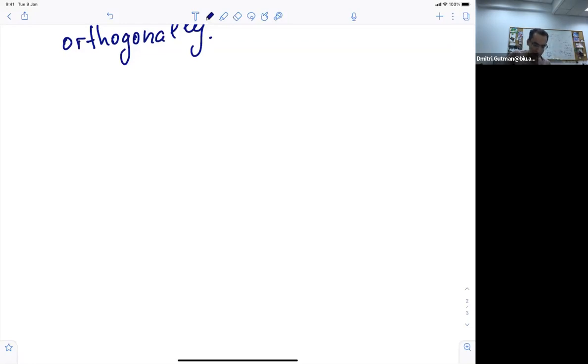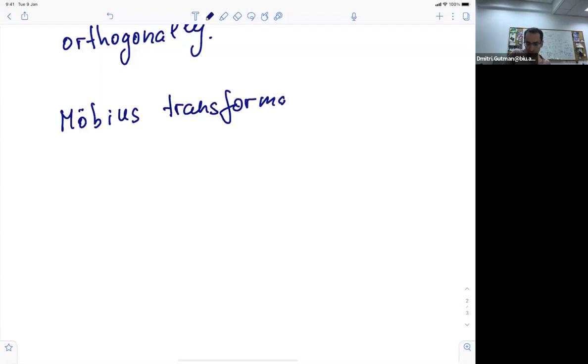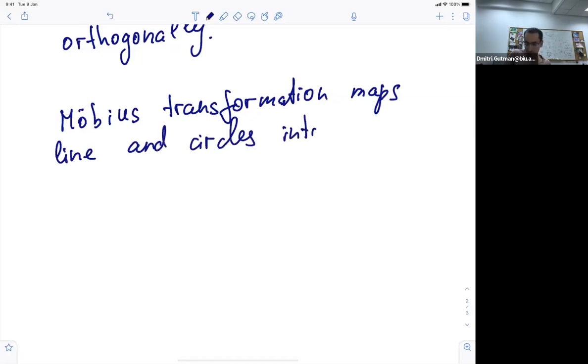So Möbius transformation, as a reminder, what it does, it maps lines and circles into lines and circles.